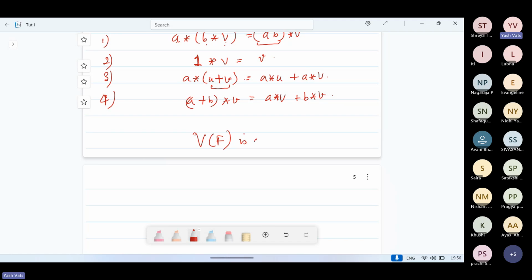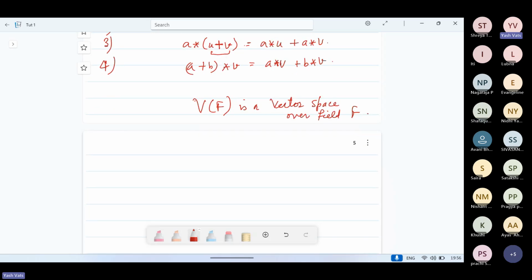V(F) is a vector space over field F. Let me know if you have any questions. R over R is a vector space because it satisfies all the properties.